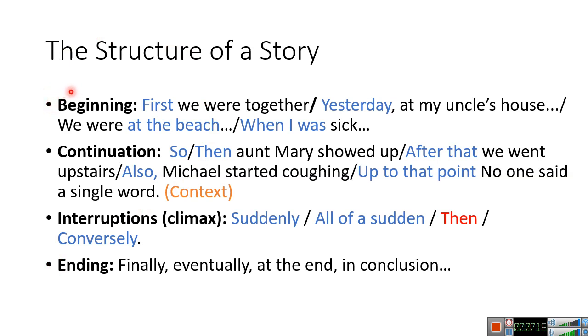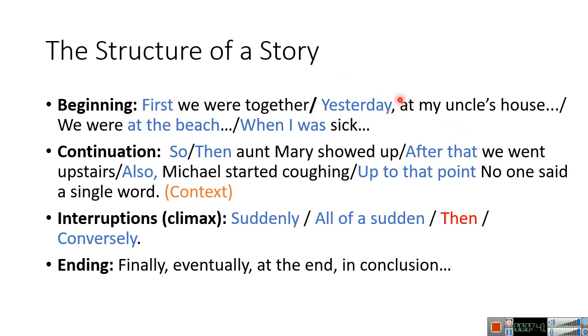We have some keywords that will let us know that we're talking about the beginning. Let's see, for example, this one, first. For example, first we were together and let's say we went to eat. So first is gonna let us know that we're at the beginning of a story. We also have yesterday.